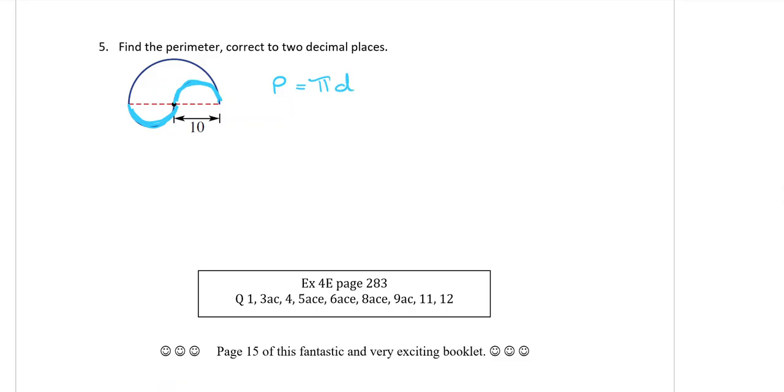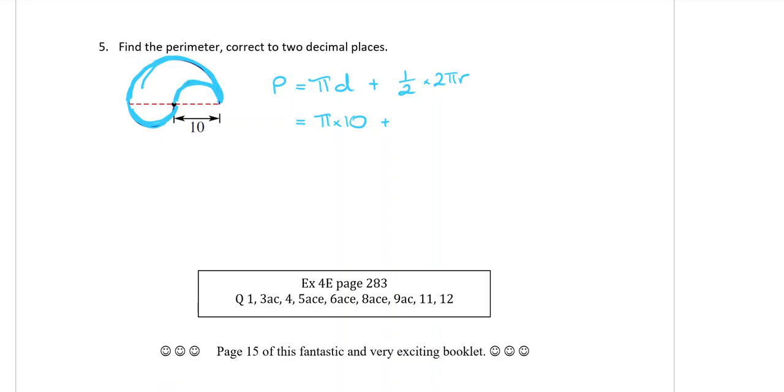That would give me the blue bits. Then I'm going to have to add to that this big part around here, which is half of a circle that has a radius of 10. So I'm going to do half of 2 pi r. Okay, so let's sub in. The whole little circle, the diameter was 10, so it's pi times 10.